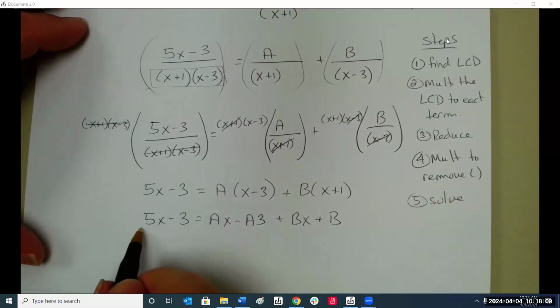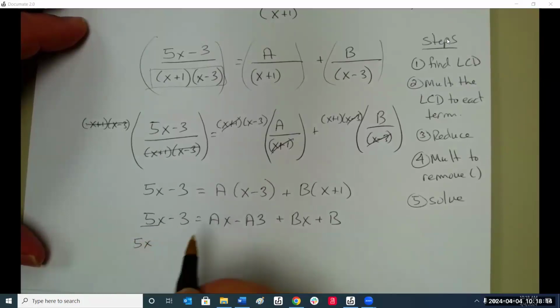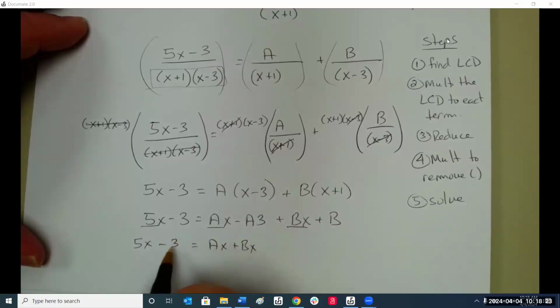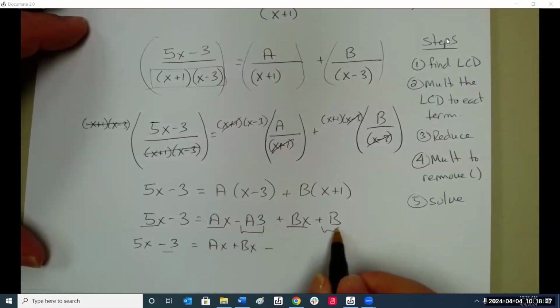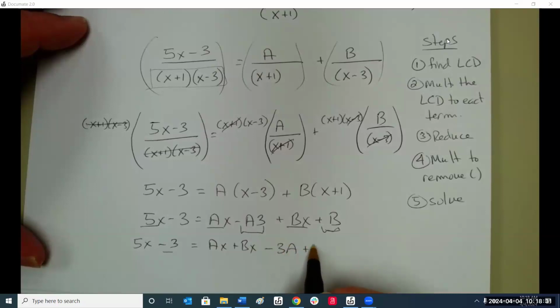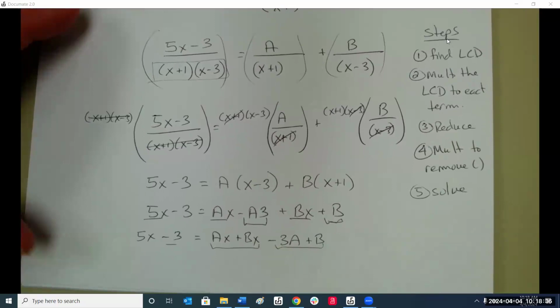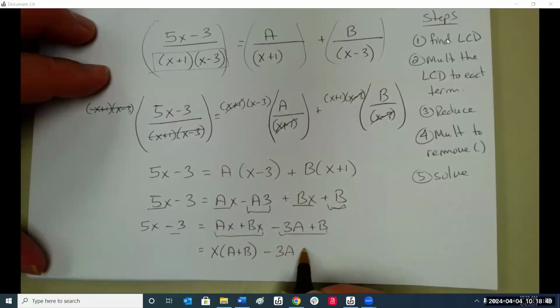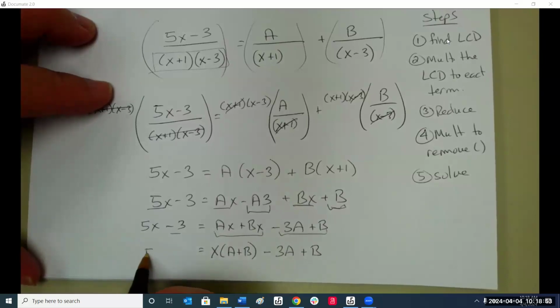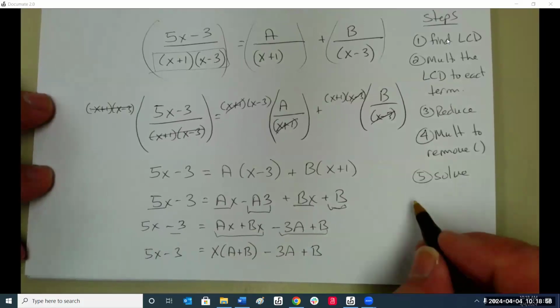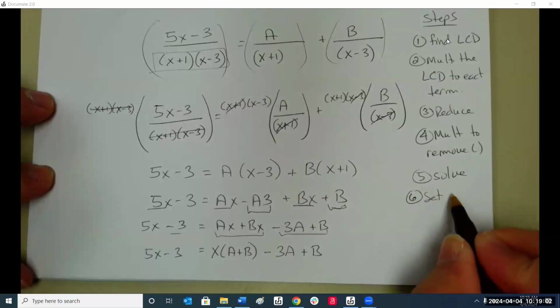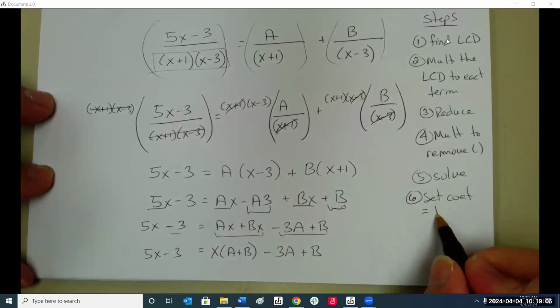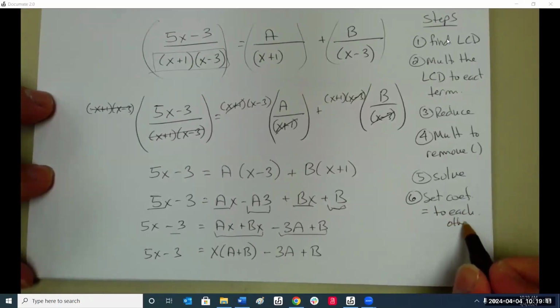Now solve. All the x's, we want them together, so Ax plus Bx, and all the constants will be together, so it's minus 3A plus B. Factor out the x, we have A plus B, x, plus negative 3A plus B. Each other, so set the coefficients.